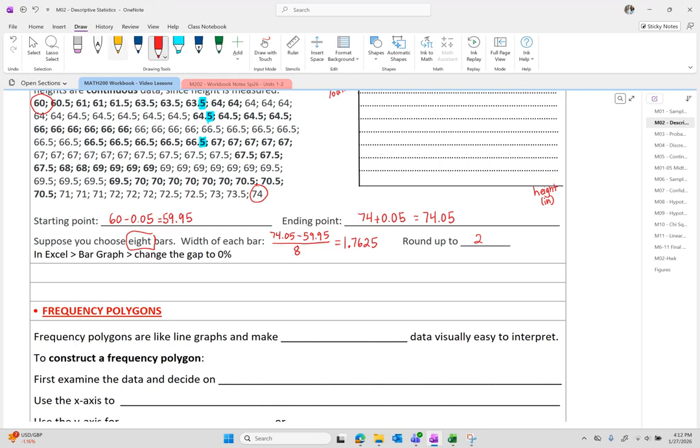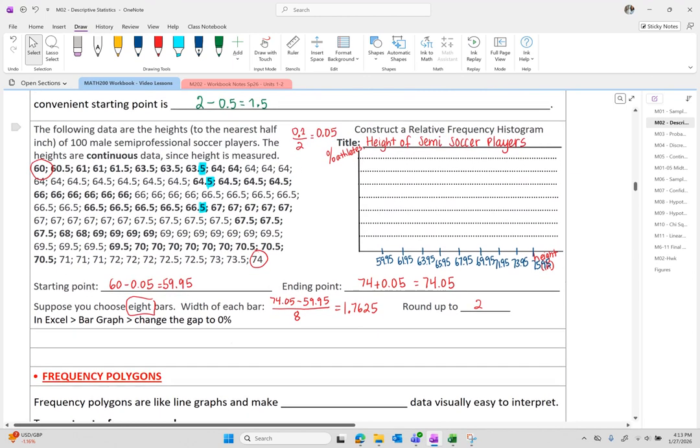So when I am ready to do it by hand or with much better software than Excel, I will start here with 59.95, and the next one will be 61.95, and the next one will be 63.95, and the next one will be 65.95, and 67.95, 69.95, 71.95, 73.95, and unfortunately 75.95. So I have gone a little farther than 74.